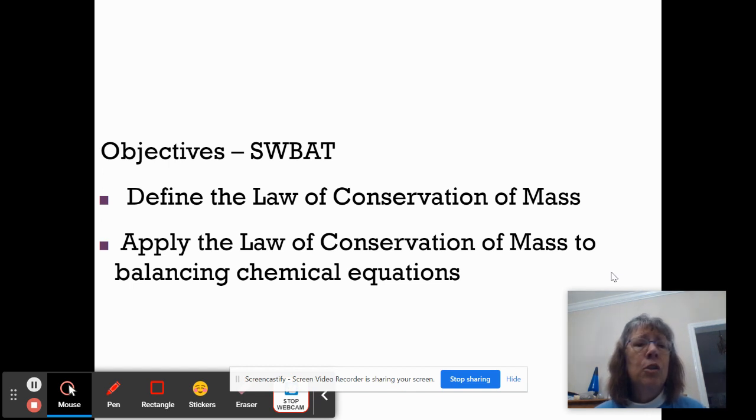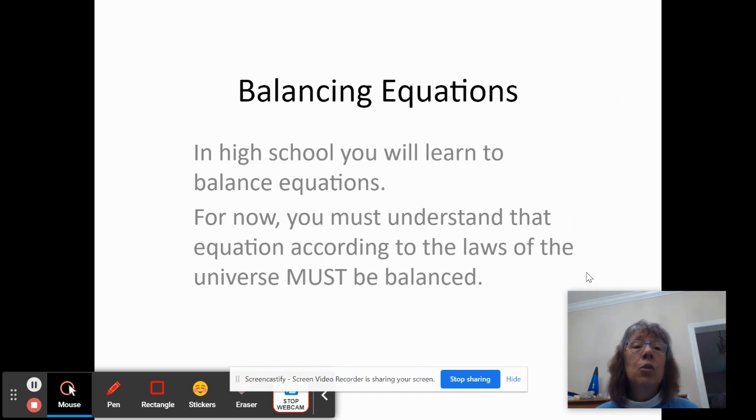Objectives. Students will be able to define the law of conservation of mass and also apply the law of conservation of mass to balancing chemical equations. In high school, you're going to learn to balance equations more.